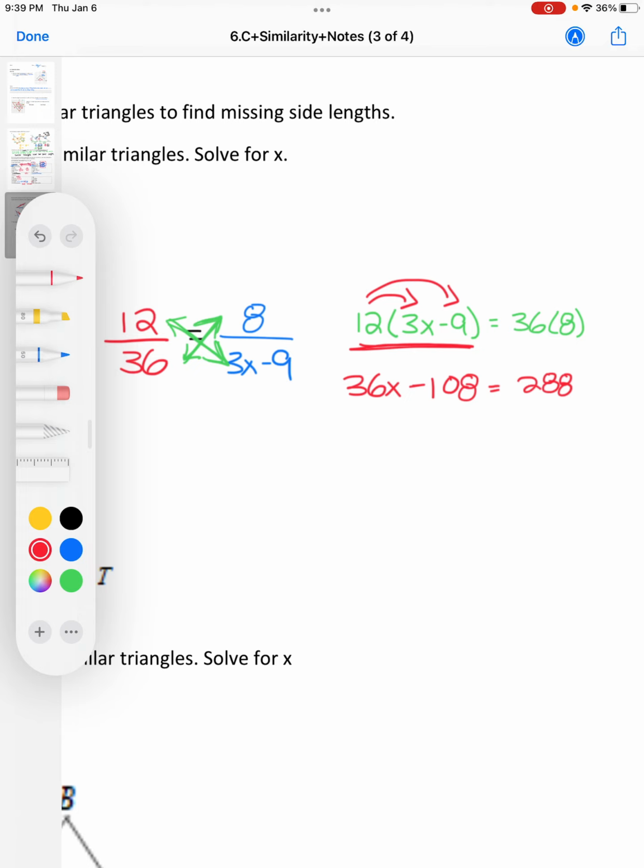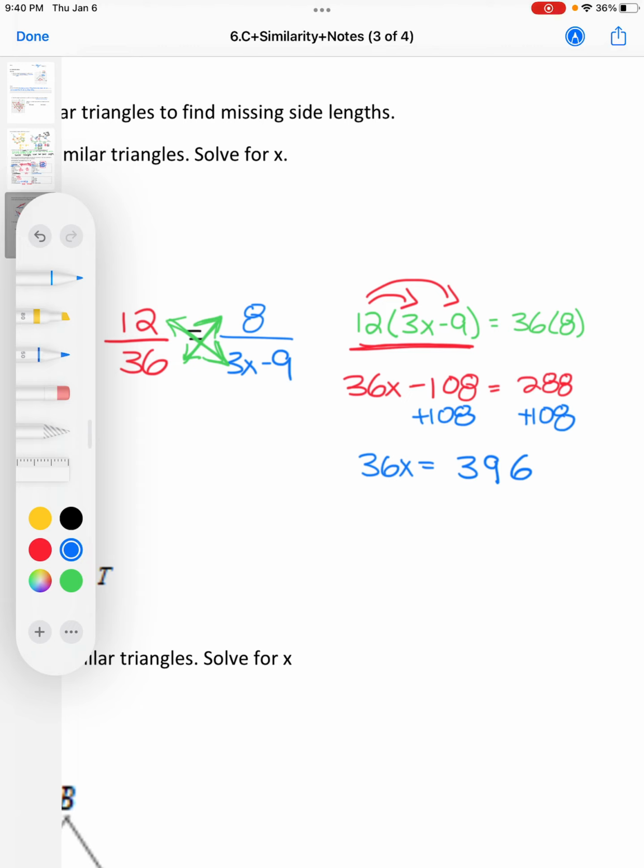So in order to do that, let's add 108 to both sides. So I got 36x equals 396. Okay, so then we take the 396. Well, we still have to get the x alone, so we still have to get rid of that 36.